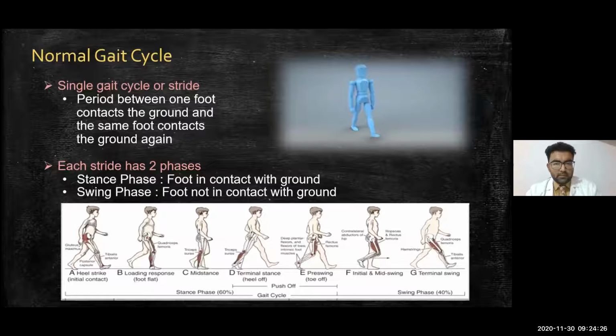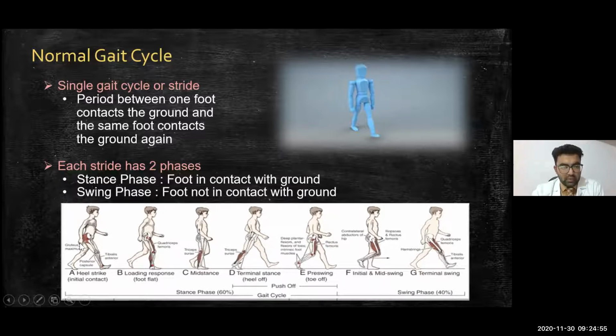So here is the slide for a normal gait cycle. We're going to try to define what a single gait cycle or a stride is. A single gait cycle, or stride, is the period between one foot contacting the ground and the same foot contacting the ground again.